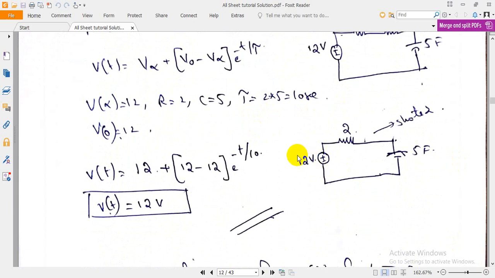Whereas the voltage of 12 volt will appear at the capacitance. This is V of infinity. Upon substituting, V of infinity is 12 and V of 0 is also 12. Before and after, both are the same. So you will get the final value as 12.